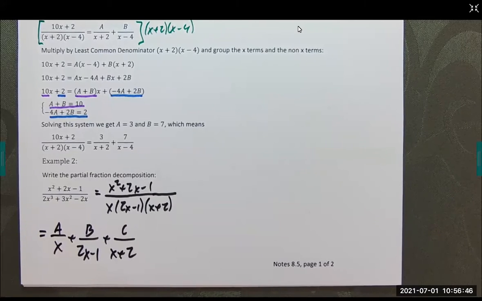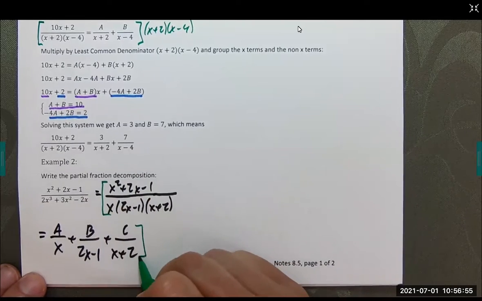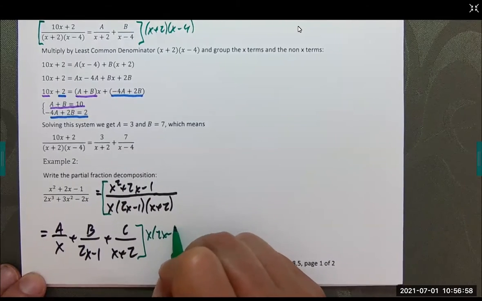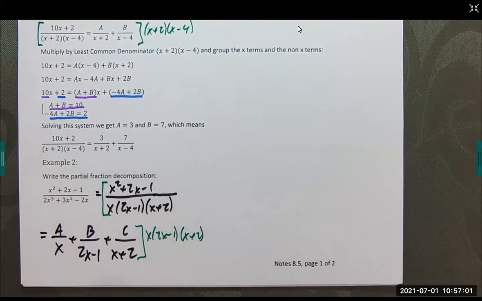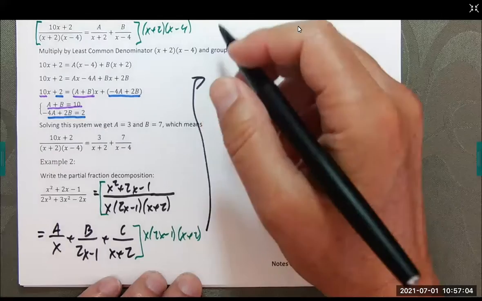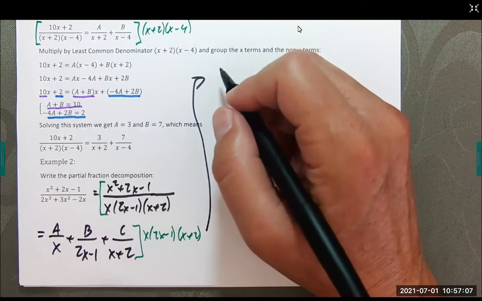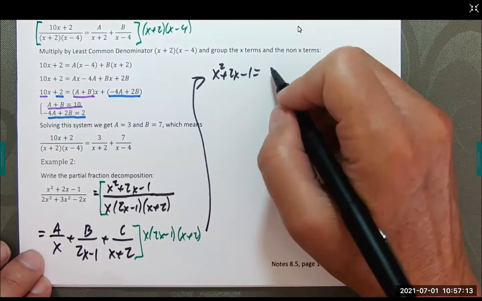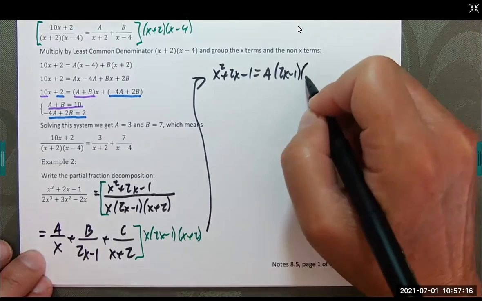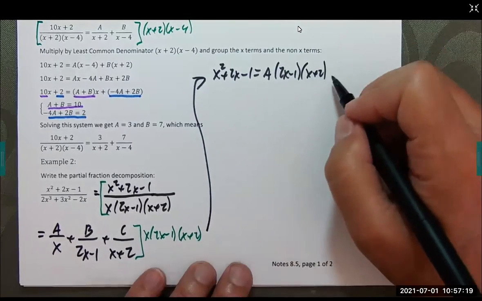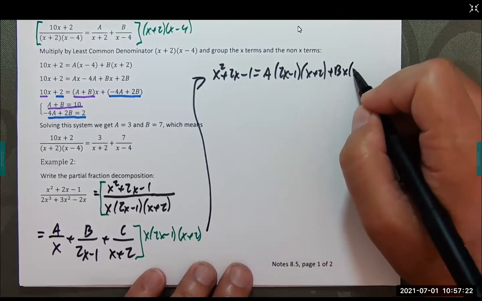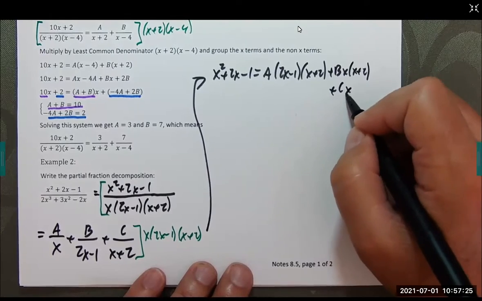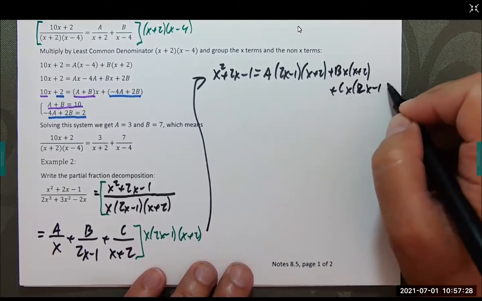Now this is going to get messy, so I'm actually going to start way up here. If I multiply both sides by the LCD, I get, I'm going to go way up here, x squared plus 2x minus 1 equals a times 2x minus 1, x plus 2, plus bx, x plus 2, plus cx times 2x minus 1.